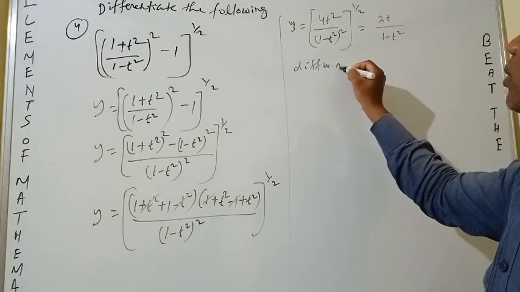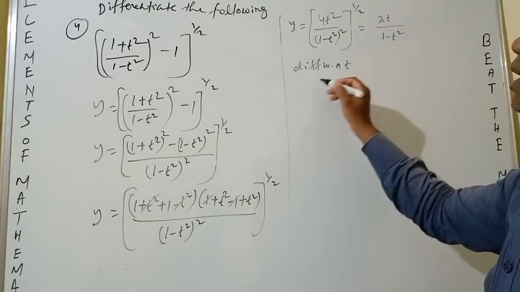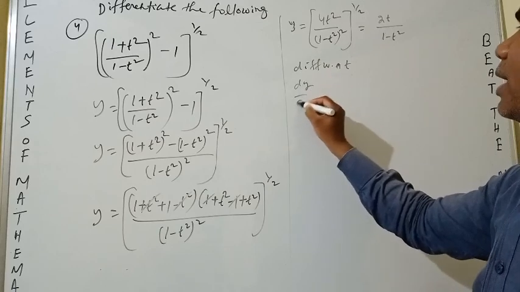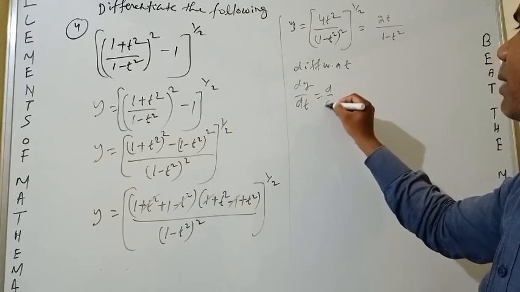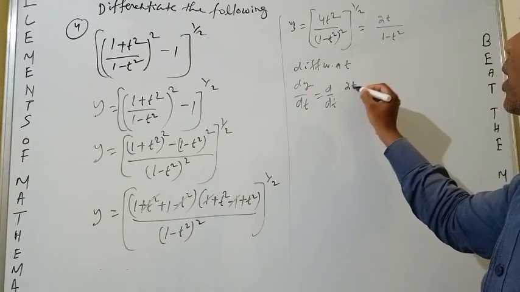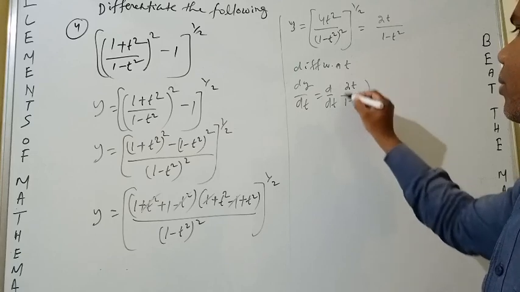Differentiate with respect to t. dy by dt is equal to d by dt of 2t by 1 minus t square.